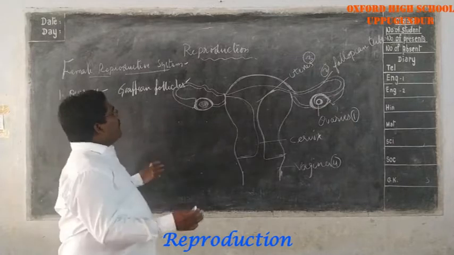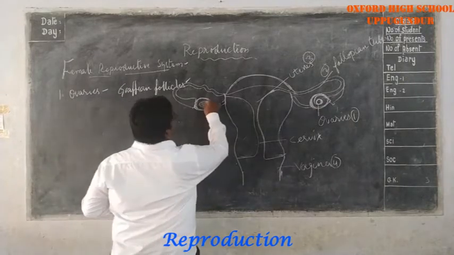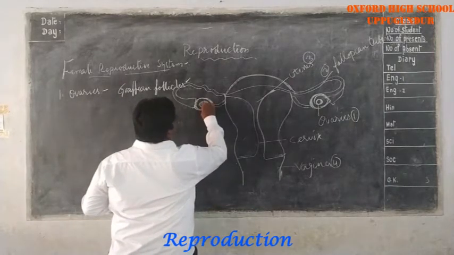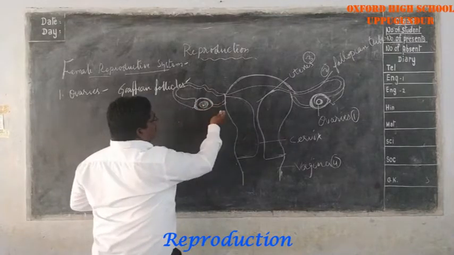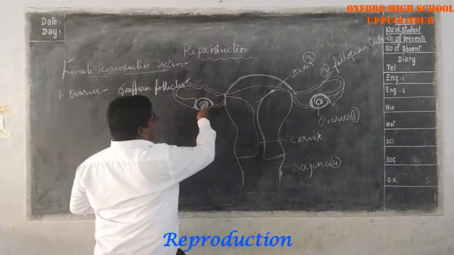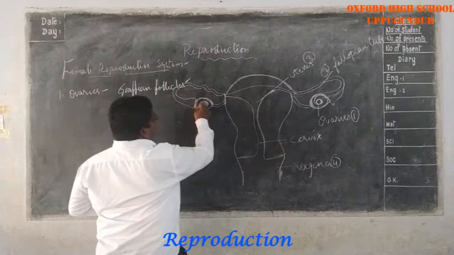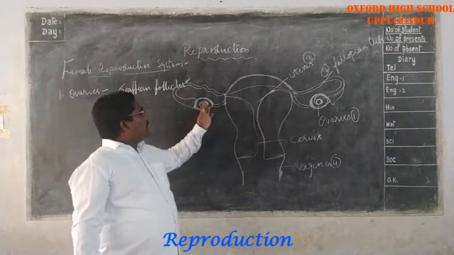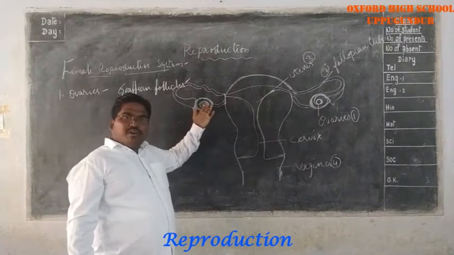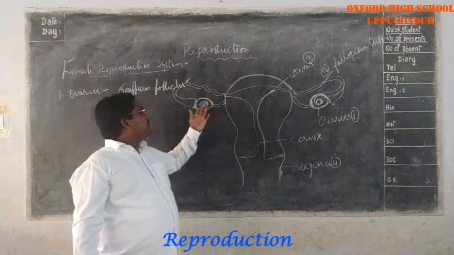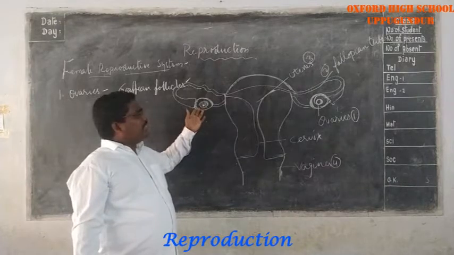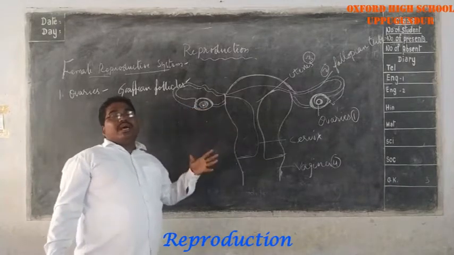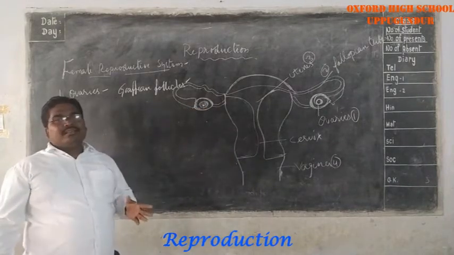When the ovum matures, the follicle ruptures at the surface of the ovary and flushes out the tiny egg.